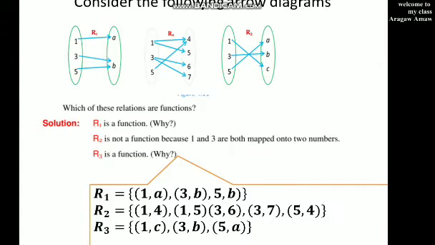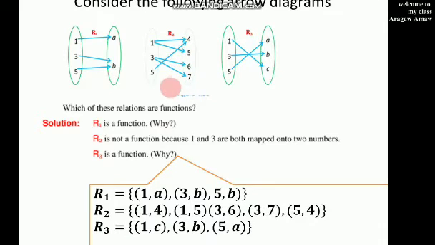In the second case, the numbers 1 and 3 are mapped to two numbers. 1 maps to 4 and 5, 3 maps to 6 and 7.